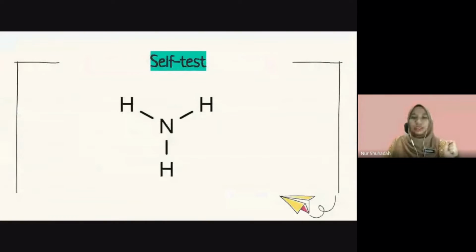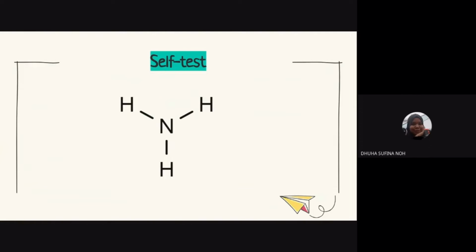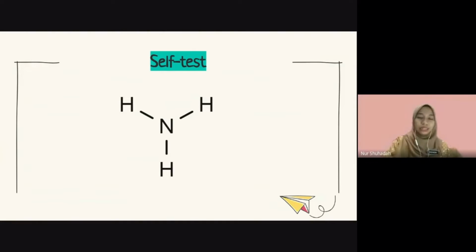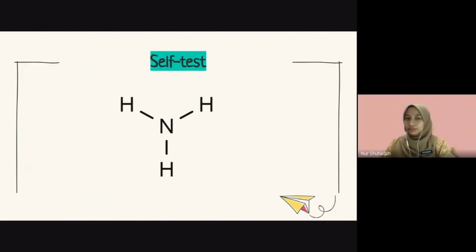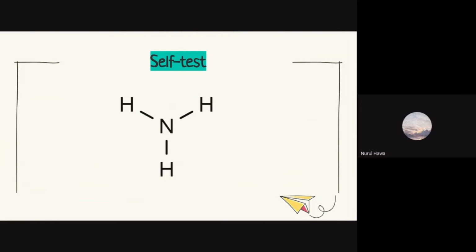So now, self-test. Is there any hydrogen bond in this molecule? No, I think no. Why? It passed the requirement, it has hydrogen atom and is bonded to nitrogen. It passed the first requirement, but there is no second molecule.